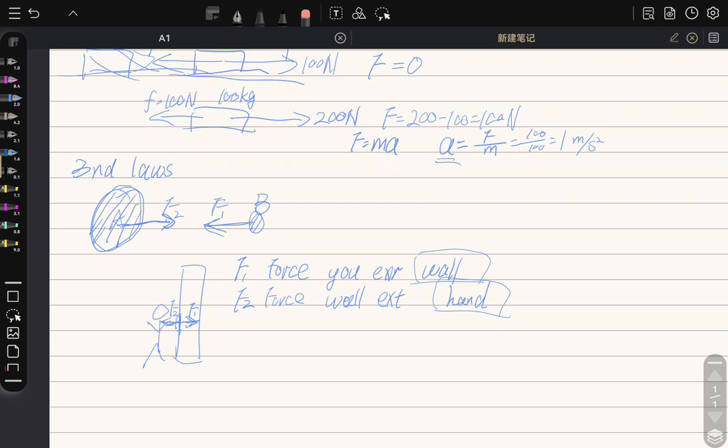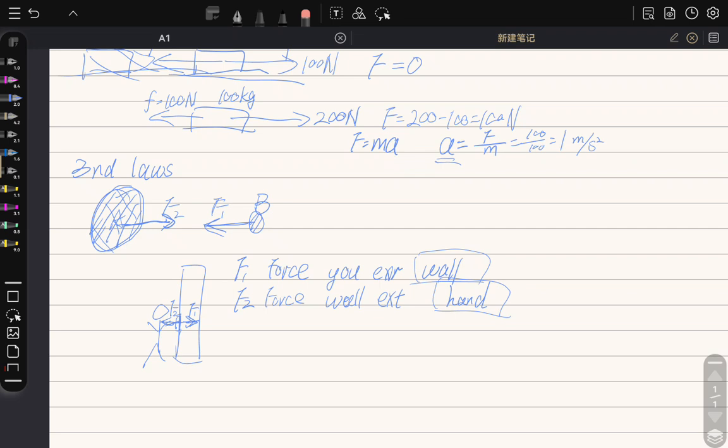It says that if a body A exerts a force on body B, body B will exert an equal and opposite force on body A. Now we can see situation 1 is about the Earth and the Moon. The Moon can go around the Earth because there is an attraction force on the Moon. We call the force from the Earth to the Moon force 1.